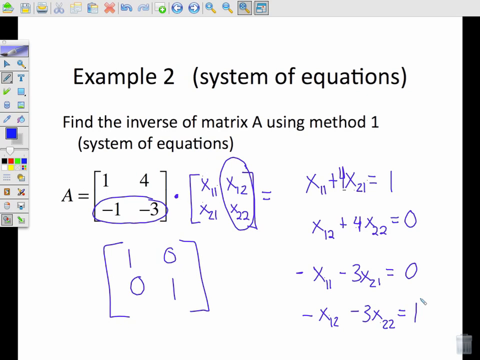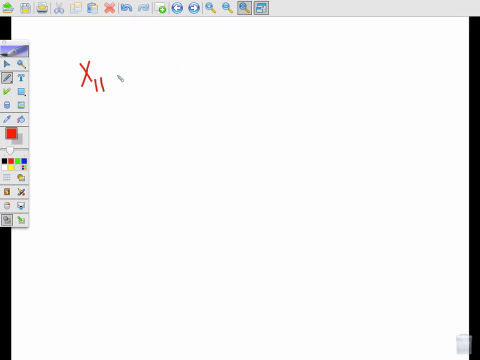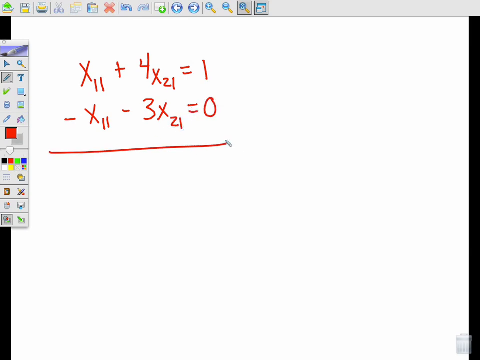All right, we got 4 equations, and there are certain equations that need to go with each other. We need to match up the equations that have the same variables. That would be this equation with the subscripts 11 and 21 and this one. So let's solve the system between these two. I've got x11 plus 4x21 equals 1, and negative x11 minus 3x21 equals 0.